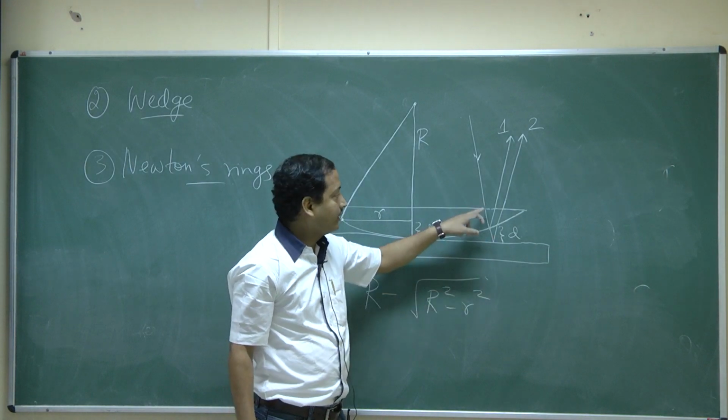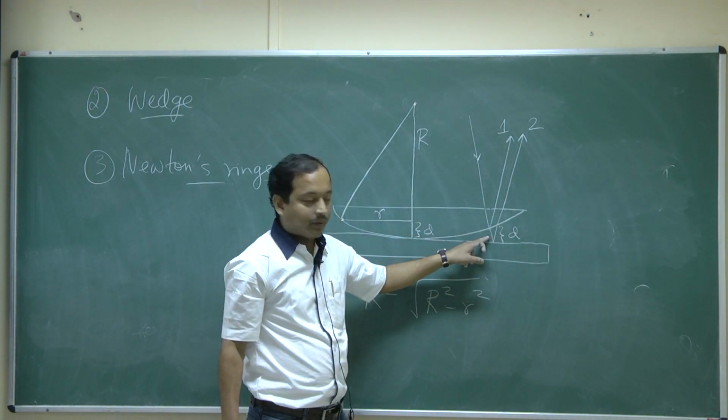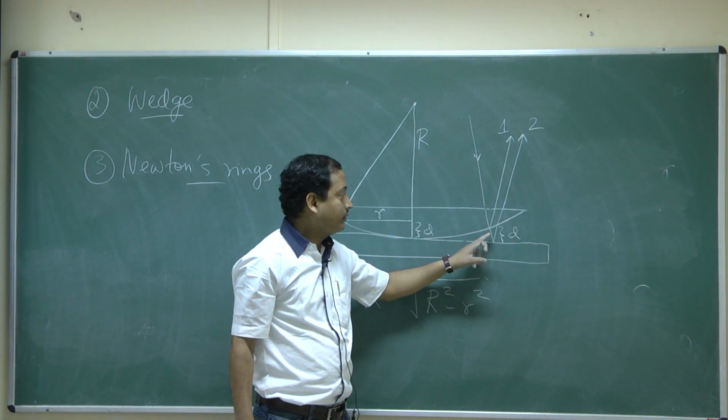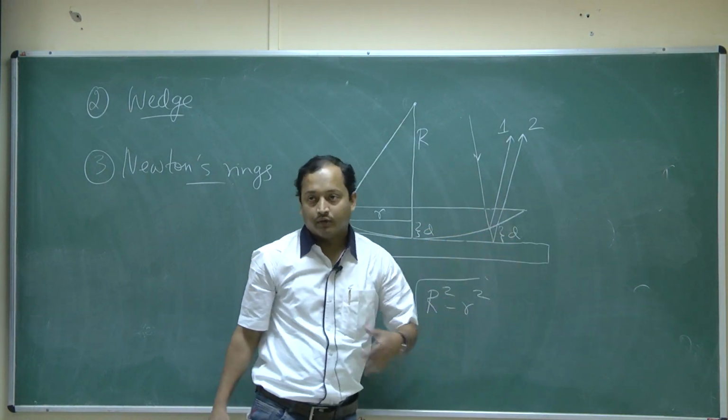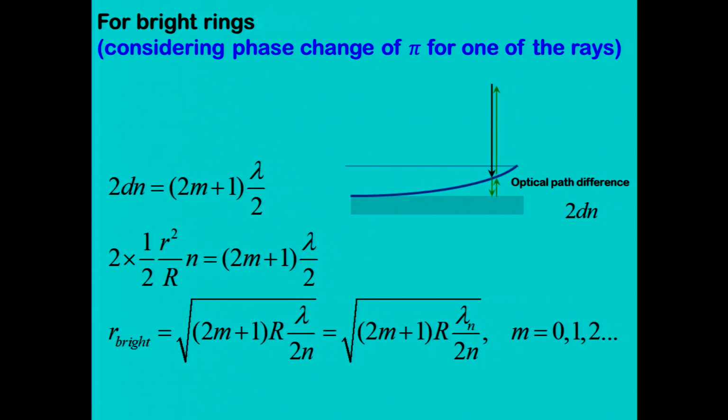So ray 1 goes from a denser to a rarer medium, with no phase change of pi, whereas ray 2 is going from a rarer to a denser medium, so ray 2 would have an additional phase change of pi. This additional pi is taken care of here, and the condition which you usually see for bright rings now occurs for dark rings.